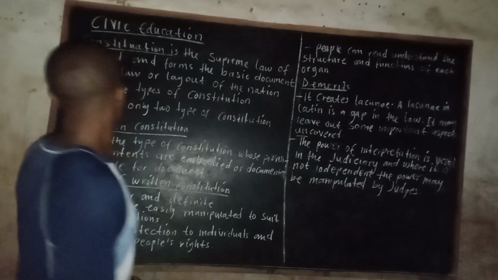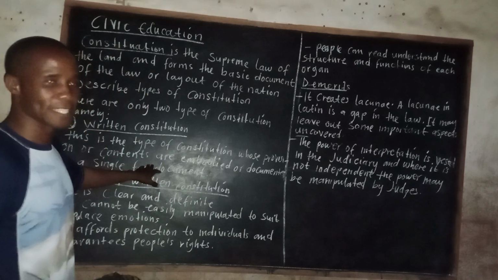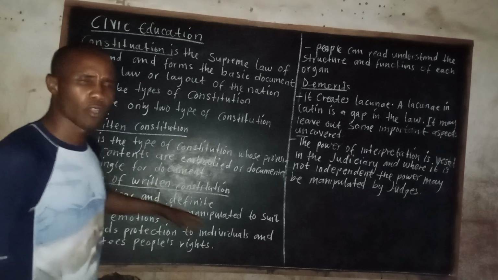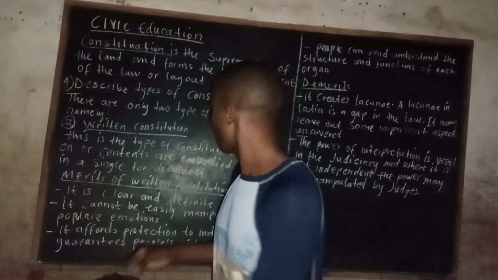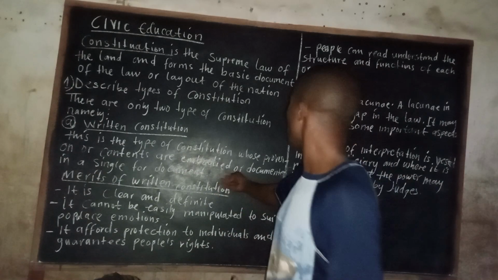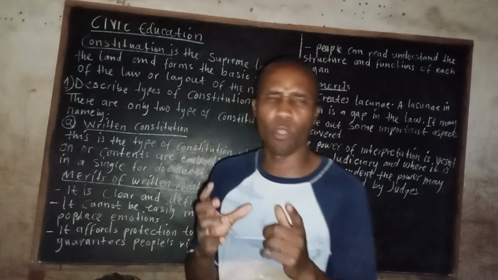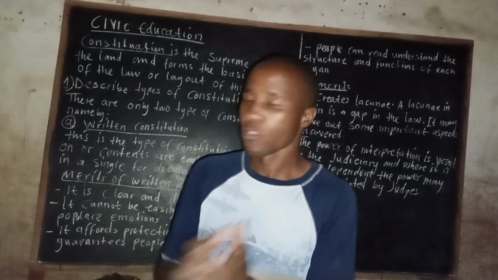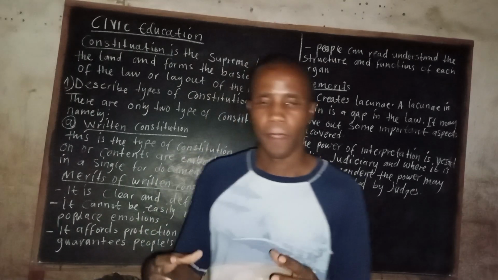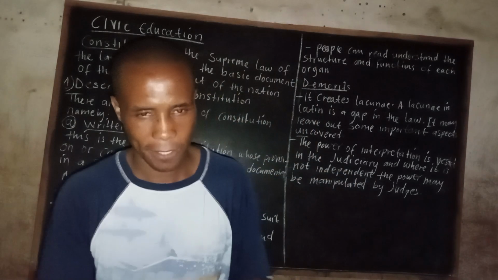Written constitution is the type of constitution whose provisions or contents are embedded or documented in a single document. Just from the word itself, this is a type of constitution where certain people have to sit down and write.